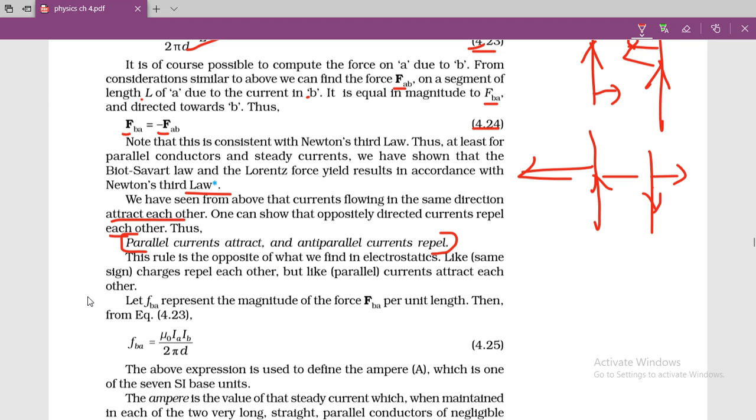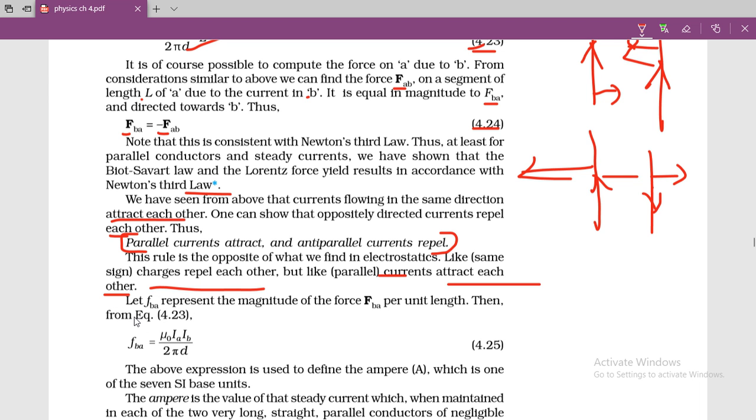So like charges, or charges of the same sign, repel each other, but parallel currents attract each other. Okay, so these are quite opposite to each other, you can see here.